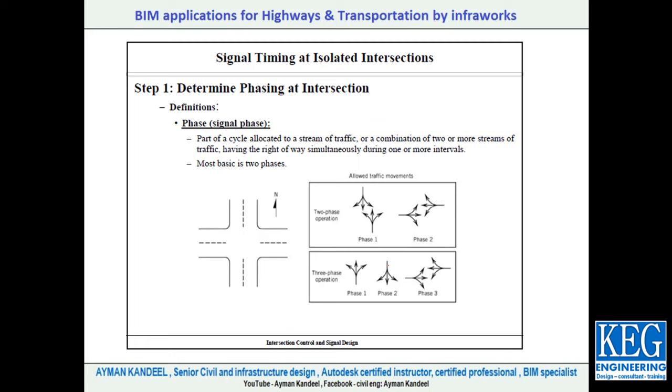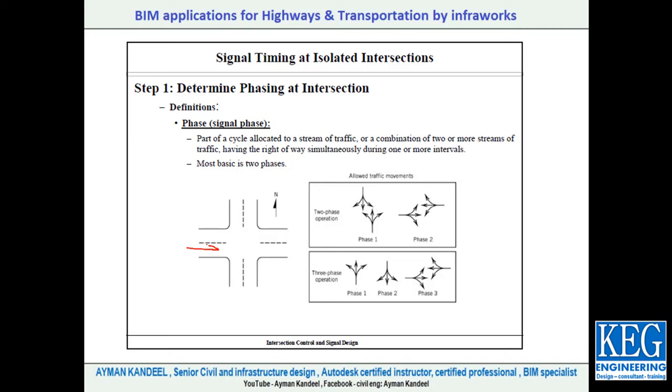So what are the main phases for each intersection? There are many different phasing options for an intersection, starting with 2 phases, 3 phases, and 4 phases. Okay, 2 phases means 2 movements at the same time.